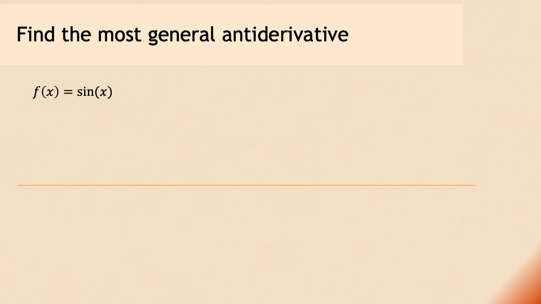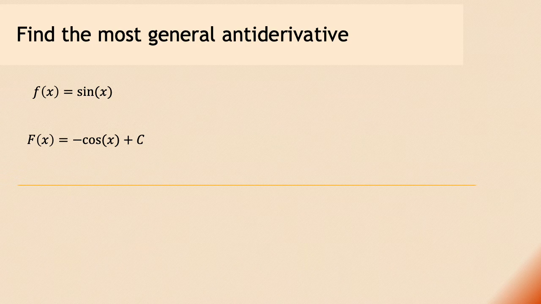Let's look at the function sine of x. What is the antiderivative? So what function do you have to take the derivative of to get sine of x? So now pause. All right, so did you dial back in your memory about the derivatives of trigonometric functions? So remember, if you take the derivative of the cosine of x, you're going to get negative sine of x.